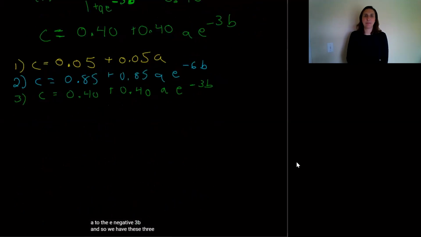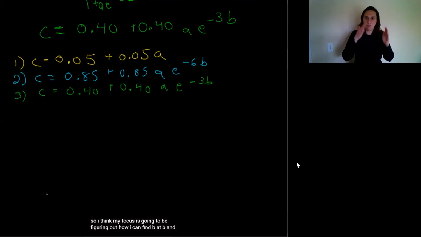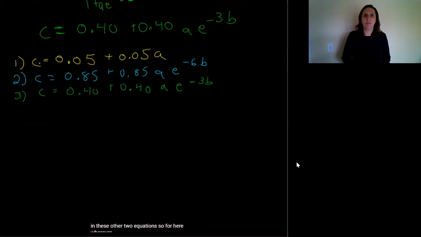And so we have these 3 things going together. If we can find a, we know c immediately. So I think my focus is going to be figuring out how I can find b and a, so I can get rid of c in these other 2 equations. So wherever I see c, I'm going to replace it with this.